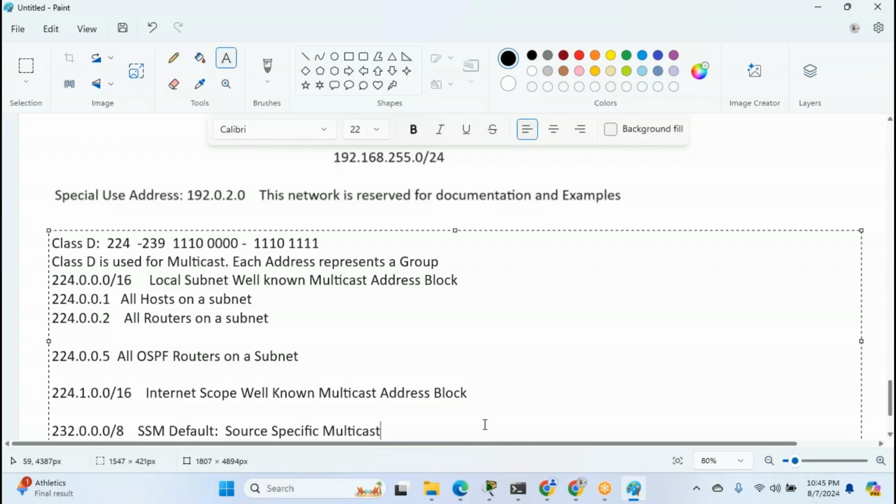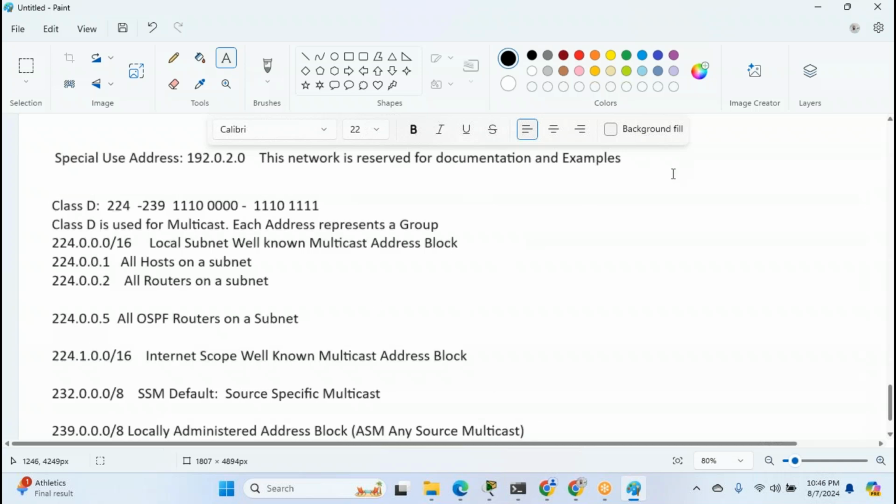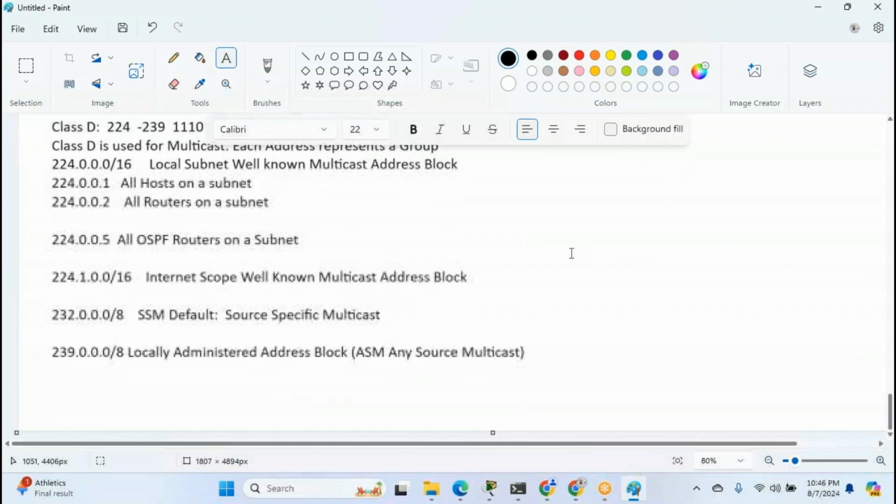This one is usually used for the source tree. Then 239.0.0.0/8 is a locally administered address block. We can use it for ASM, any source multicast. Anyway, we will discuss these things later in more detail when we cover the multicast topic.